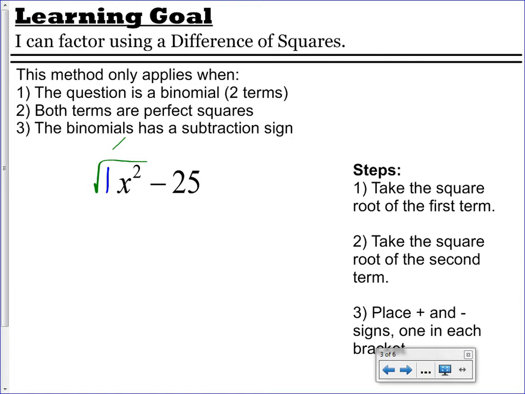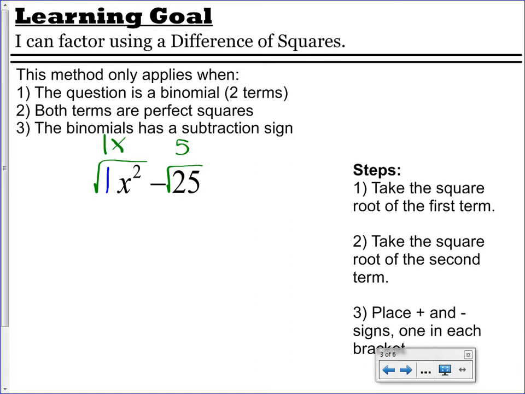Just x. Again, the square root of 1 just gives you 1. And the squared and the square root cancel out, so I'm left with x. What does the square root of 25 give me? Austin? 5. So both of those are perfect squared numbers.